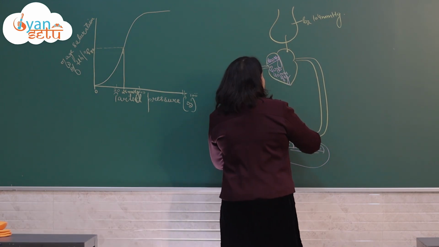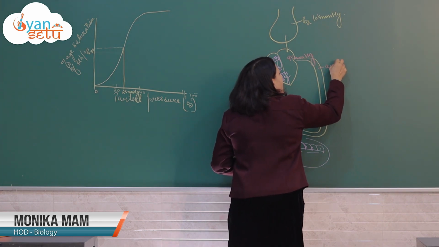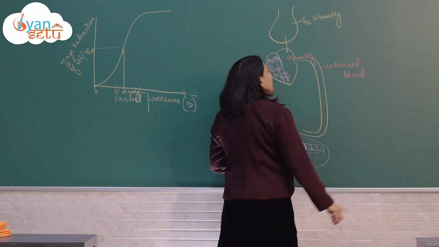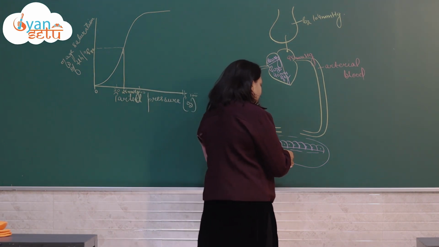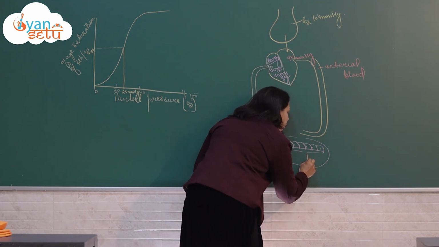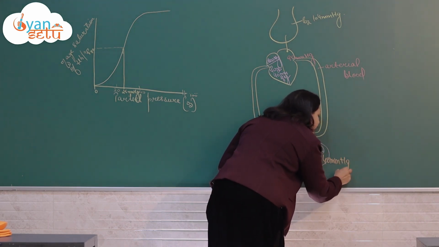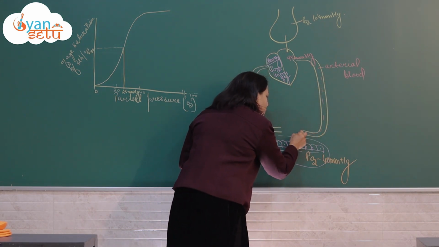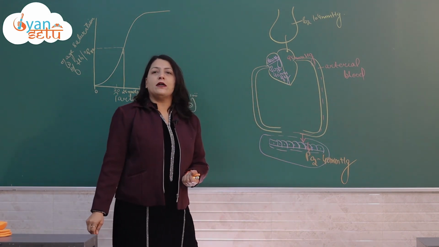Now the partial pressure here increases to 95 millimeter of mercury in the arterial blood. Then in the tissues it was 40 millimeter of mercury. So when it passes through the tissues, the oxygen readily diffuses into the tissues.